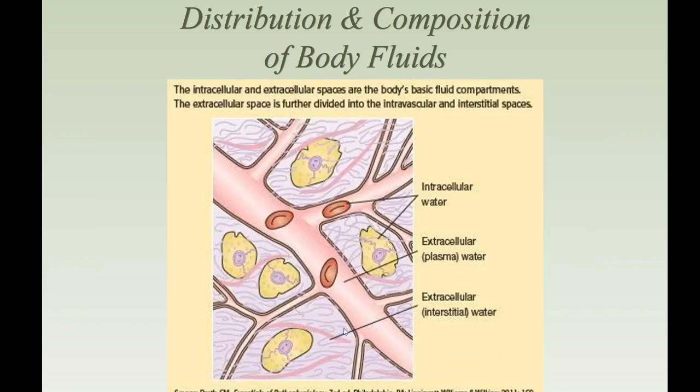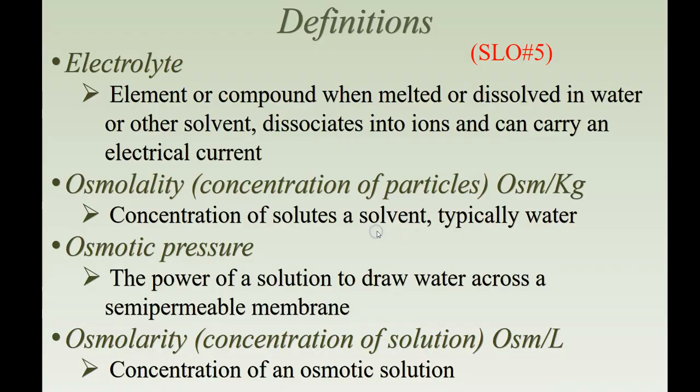And this is just another picture that shows you the plasma. See how most everything is outside and only a small portion is actually in the vessels. The intracellular and extracellular spaces are the body's basic fluid compartments. Extracellular is further divided into intravascular and interstitial.